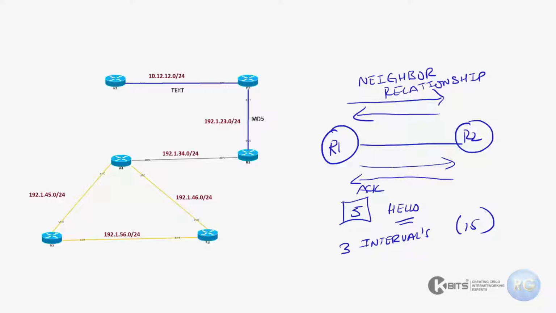I'm not receiving any hello packets from him. All the routes that were received from router 1, I'll pull them out of my routing table. Everybody okay with that? Basic differences in the way RIP and EIGRP work.